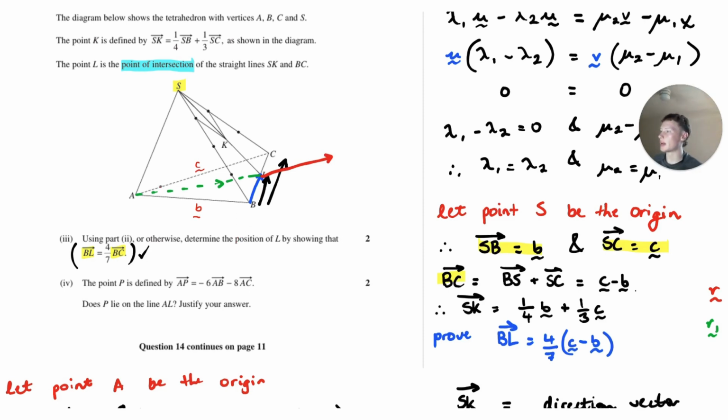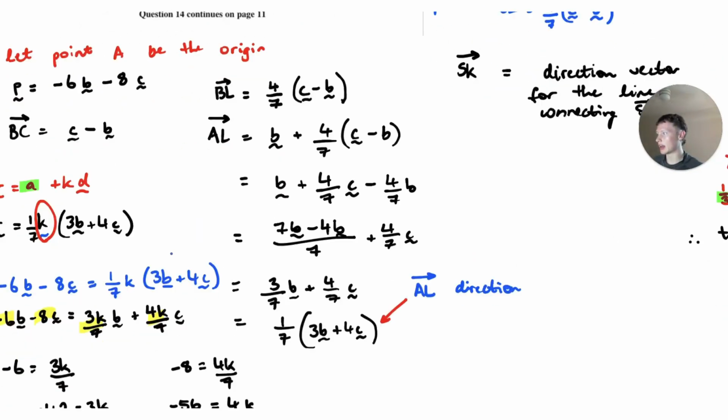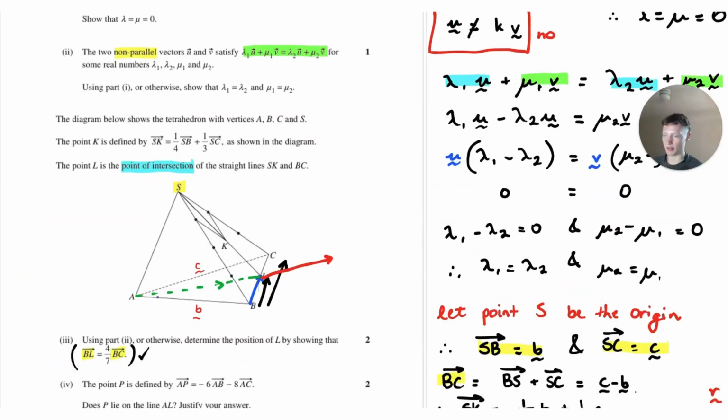If by that they mean just the line segment A to L, then no, it doesn't lie on the line. Because what would have to happen to get position vector AB to be on that line is you have to multiply it out 14 by 14. So you stretch out that length and you flip it in the other direction, which is not going to sit within the confines of this actual line.